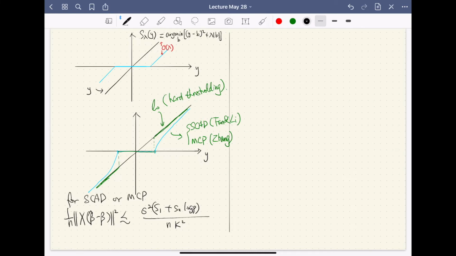But what are S1 and S2? S1 is the cardinality of the coordinates whose coefficient value is greater than some constant times root log p.